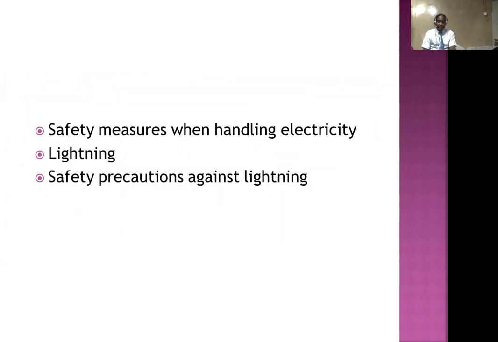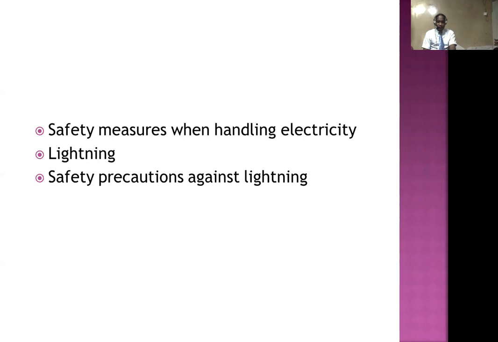Why? This may cause electric shock. Two, do not insert objects in electric sockets to avoid electric shock. Three, avoid overloading sockets. This may cause overheating, which can result in a fire.